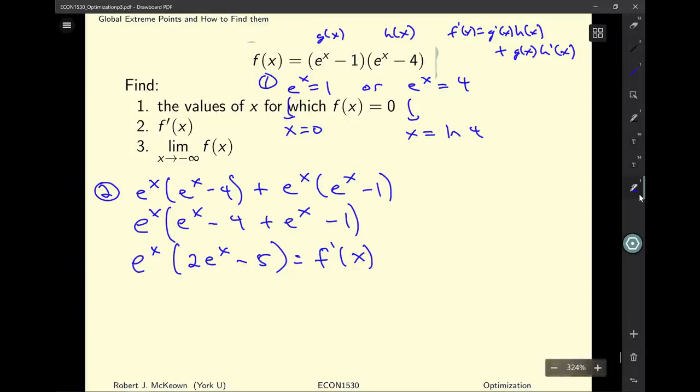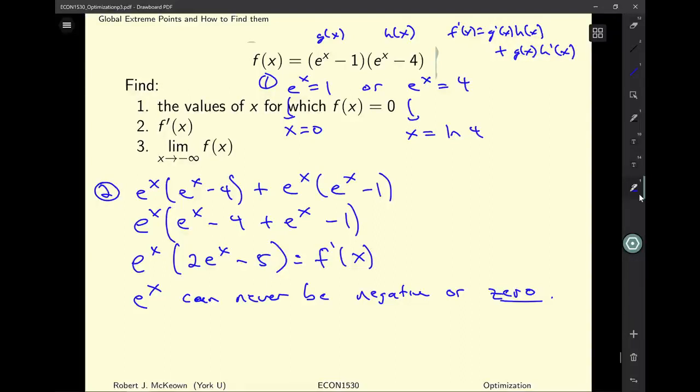Now notice that e to the x can never be negative or 0. It can be a very small number, but it's going to be a positive number nonetheless.